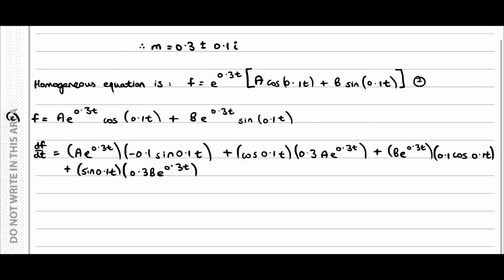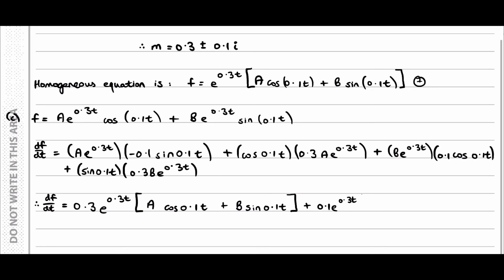So if we tidy all this up and factorize, we can therefore conclude that df over dt, if we consider the terms involving a 0.3 e to the 0.3t, we have 0.3 e to the power of 0.3t lots of a cos of 0.1t plus b sine of 0.1t, plus 0.1 e to the 0.3t, and then we have b cos of 0.1t minus a sine of 0.1t.